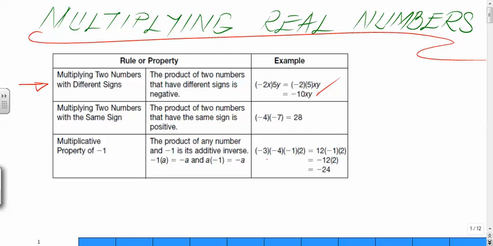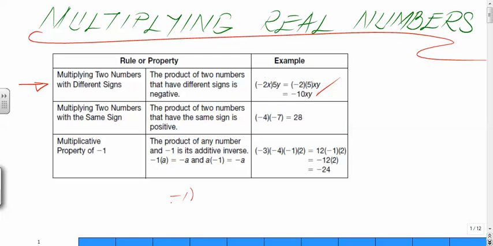Now, a rule to keep in mind, and a trick, if you have to multiply many negative numbers in your product, right? Let's say it's a huge one, and I can give you an example here.